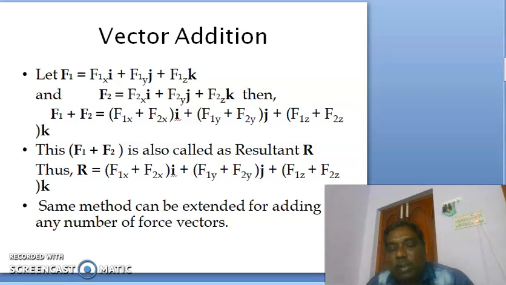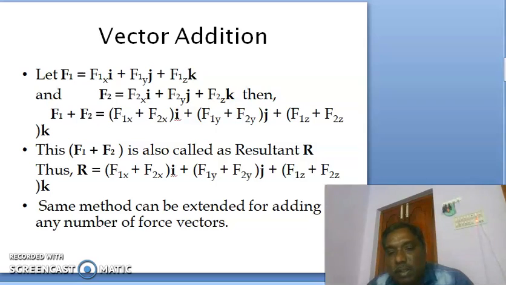This F1 plus F2 vector is also called the resultant vector R. Thus the resultant vector R is given by (F1x plus F2x) i plus (F1y plus F2y) j plus (F1z plus F2z) k.